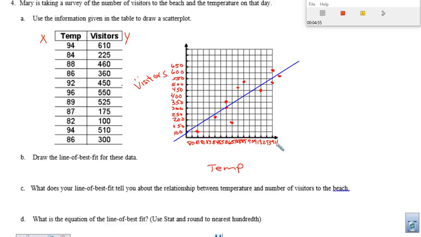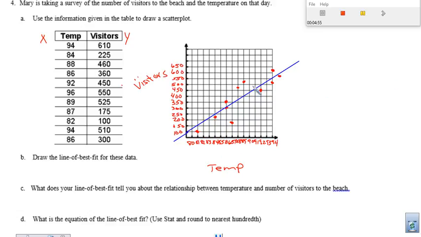So this is one possible thing that you could do. Then I put each point on there. I went to temperature 94, and then to a number of visitors, which was right about 610, and put my point. On my next point, I went to 84 degrees, and then 225, which should be in between my 200 and 250, and put my point on there.